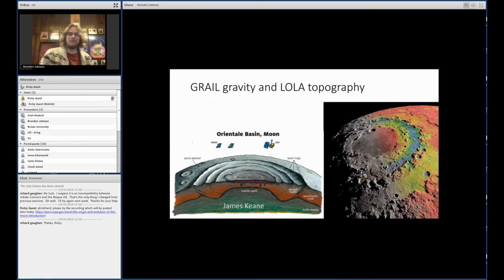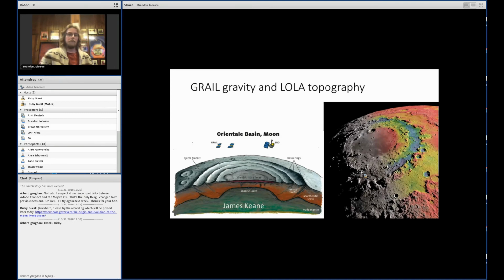Okay, so still going fast here to try to catch up. So moving on to multi-ring basins. So really, the GRAIL gravity and LOLA topography are amazing and have led to a real shift in our understanding of lunar basins, or real leaps in our understanding, I would say.